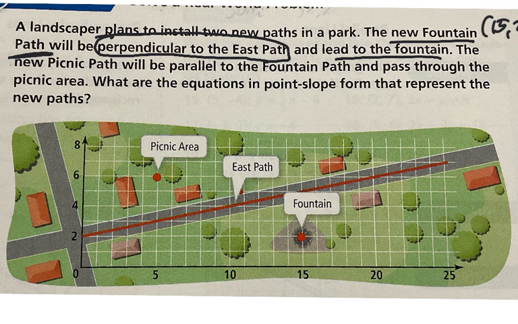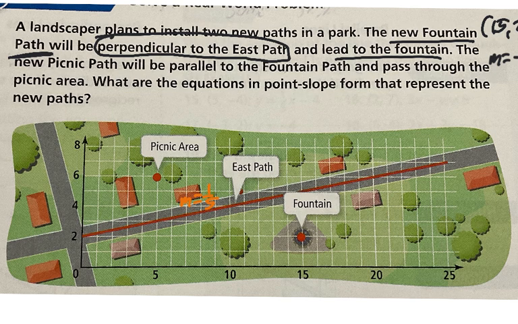Now, what about my new line? My new road? It must be perpendicular to the east path. So being perpendicular to a line whose slope is 1/5 means my line must have a slope of -5. Opposite reciprocal. So again, what do I know about my line?